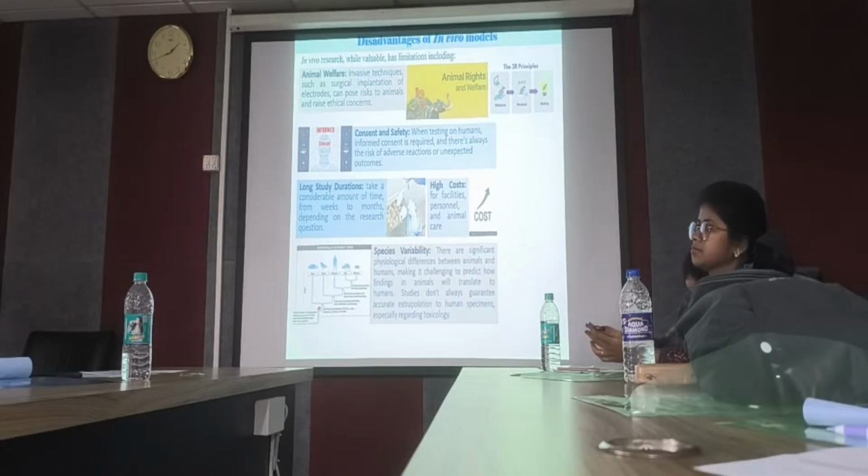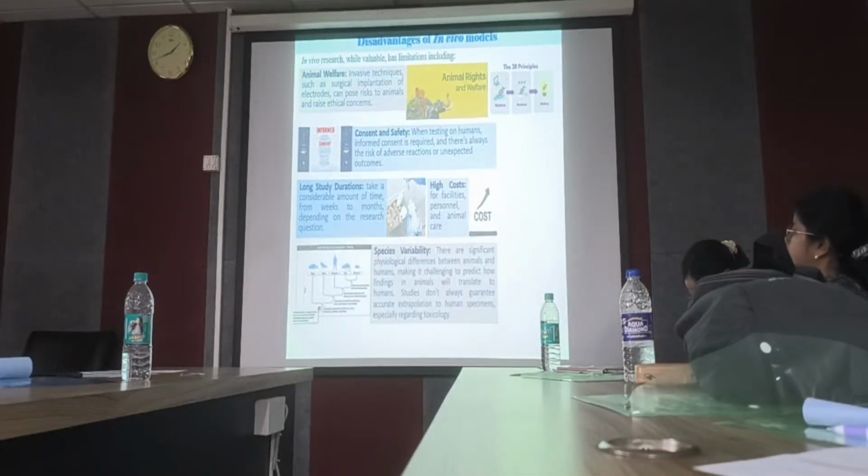It is a little bit costly, because to establish any animal model, we need to maintain those animals, and we need proper staff to handle them and to take care of them. So this is the disadvantage of this model.